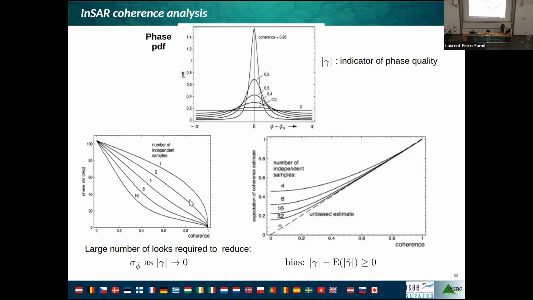This is the curve you have when you have one look, so you make the interferogram and you believe it. And this is what happens when you use a 4x4 boxcar filter: you will have 16 samples and you start to reduce the standard deviation significantly.